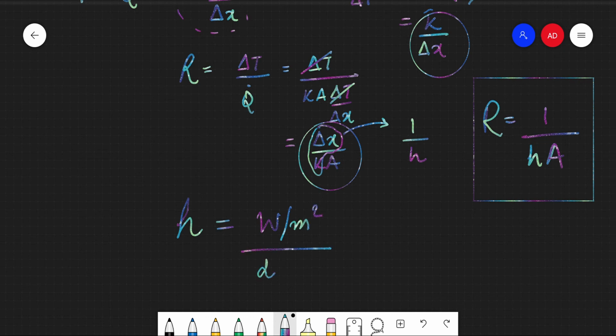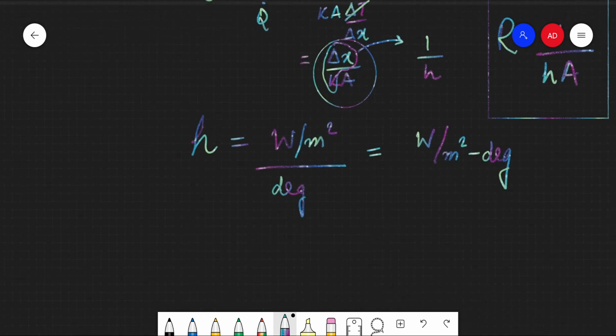So H will have a unit of watts per meter square degree, right? And resistance is nothing but the potential, which is the temperature difference, by the flow, which is Q dot, and that gives you degrees per watt.